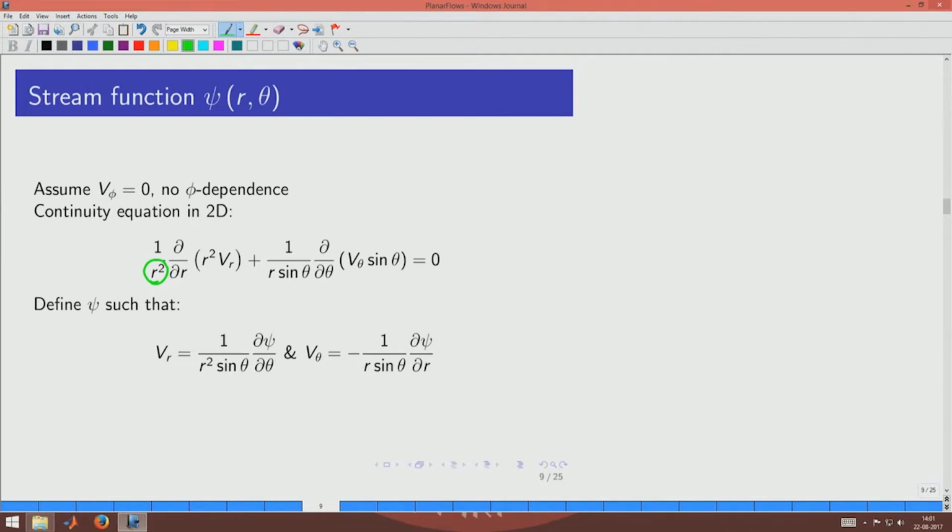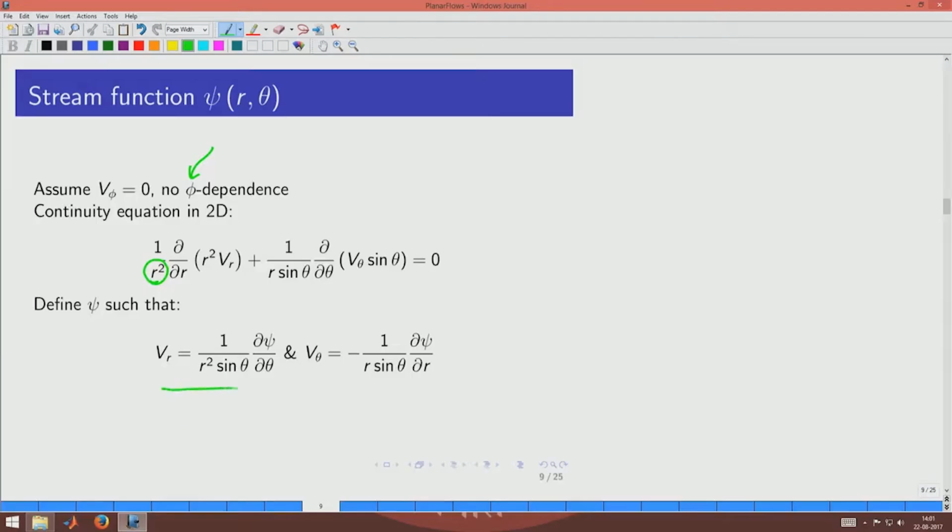In the continuity equation in a spherical coordinate system where the phi dependency is lost, we can see it as a 2D flow, and the continuity equation is given with two terms. So, the stream function in a spherical coordinate system can also be defined in this manner, and these two are the expressions that we use to generate the fluid flow components in the r and theta directions in a spherical coordinate system.